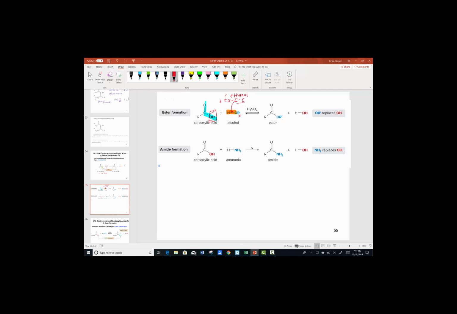The OH on the acid and the OR from the alcohol exchange places. So now we have water produced and an ester comes out. We have exchanged a carboxylic acid into an ester by a substitution reaction. And to do that requires the use of an alcohol.